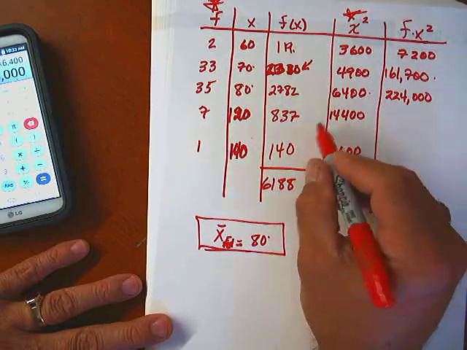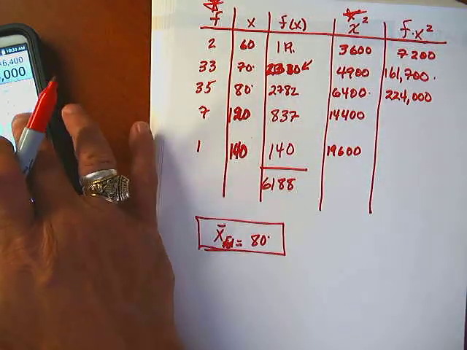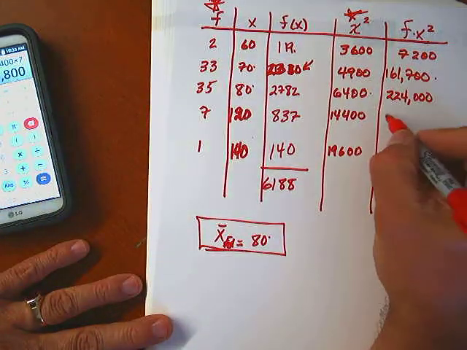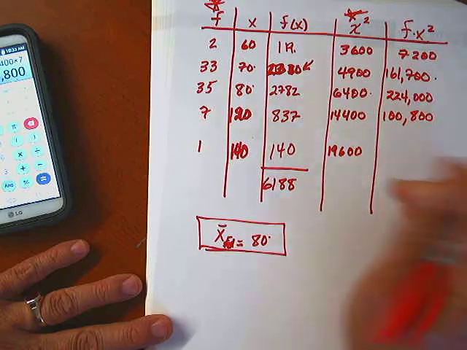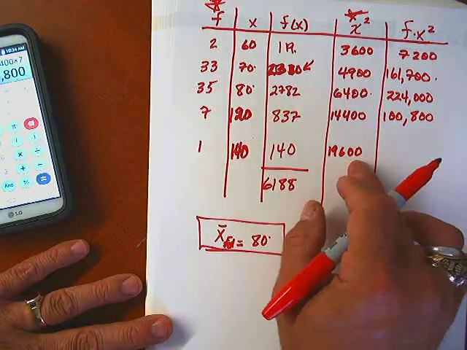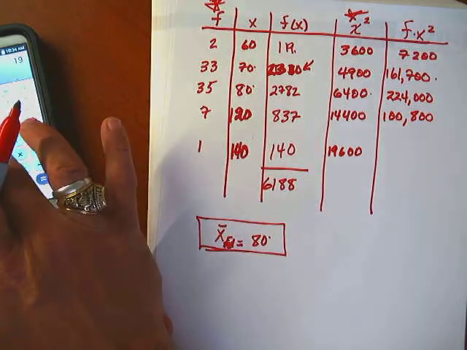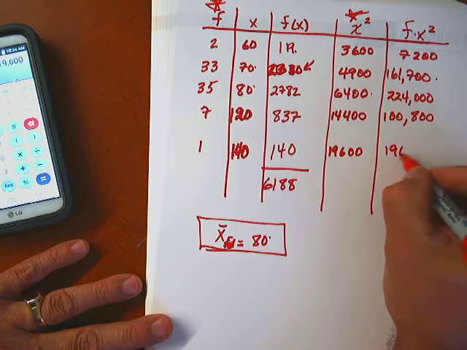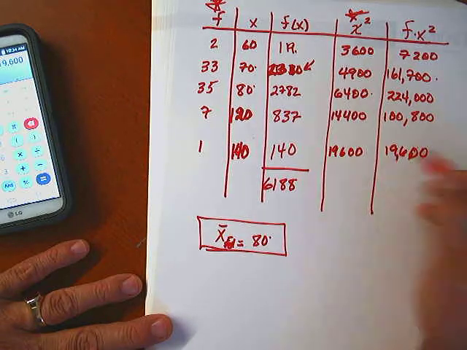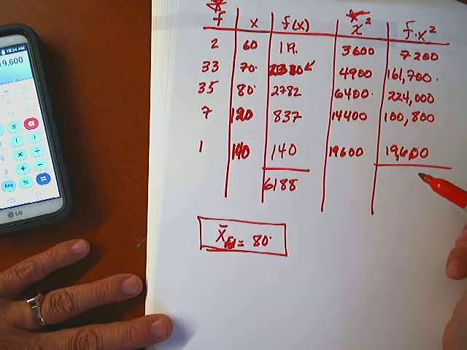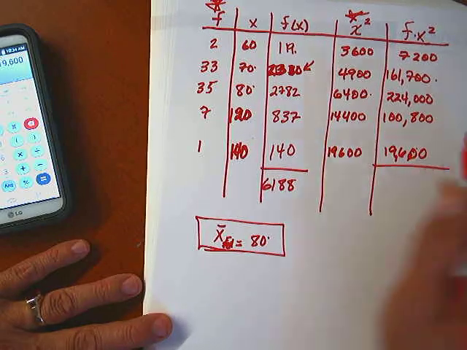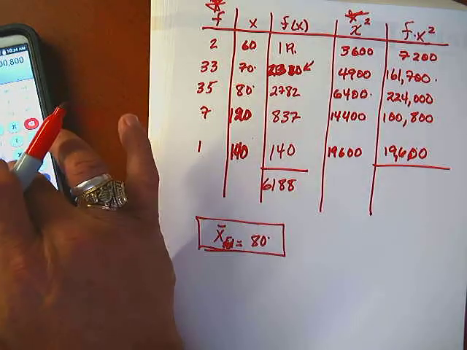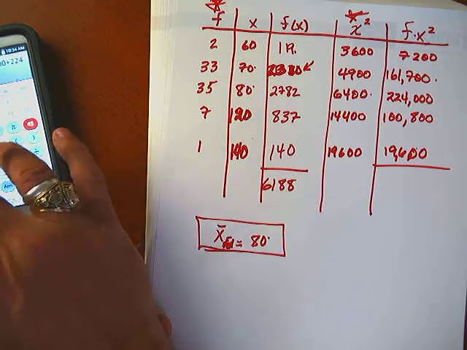Okay, and we need f times x squared, and that's going to be f, this number, times this number, which is 7200. 33 times 4900 is 161,700. 35 times 6400 is 224,000.